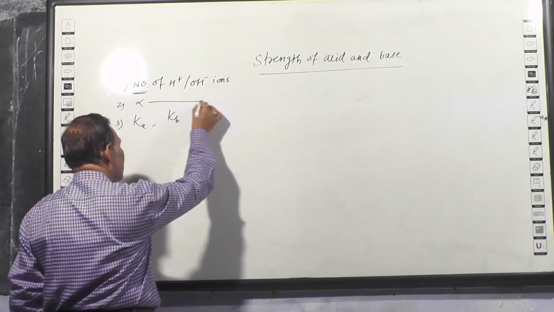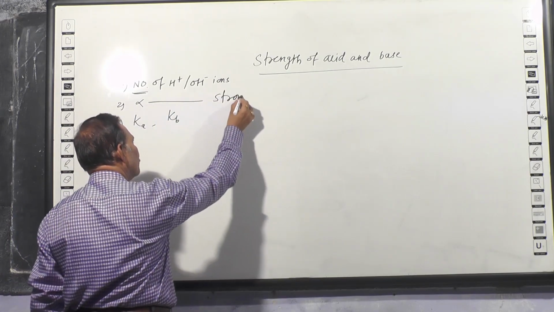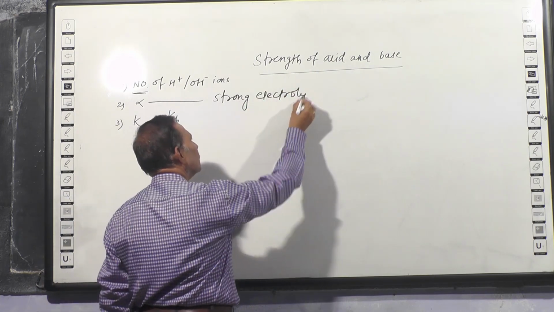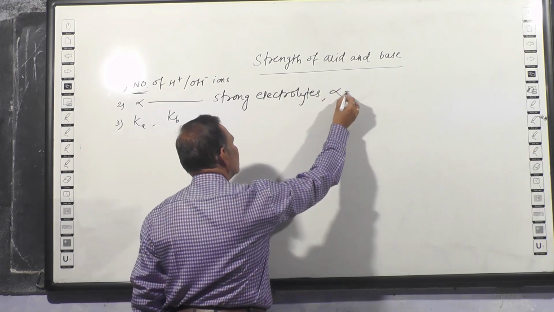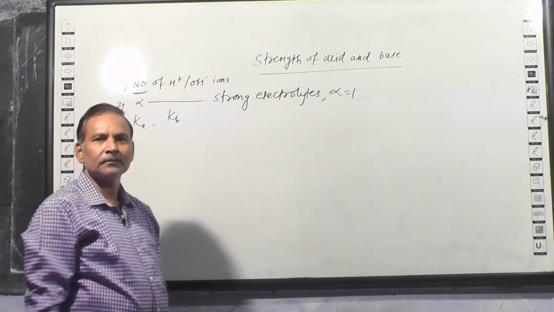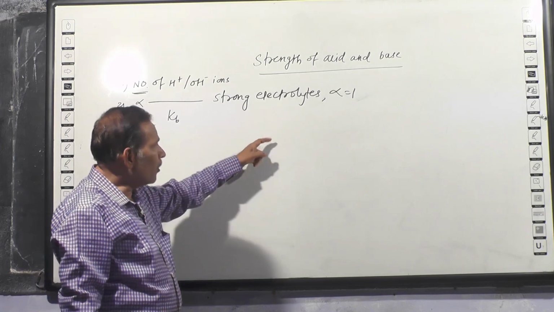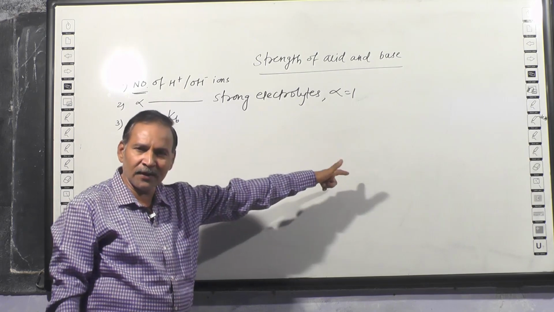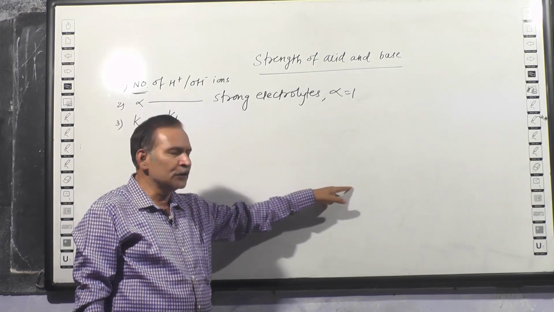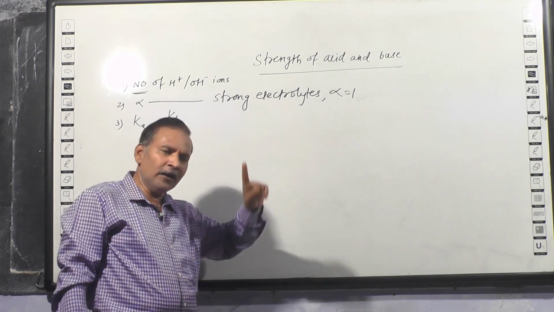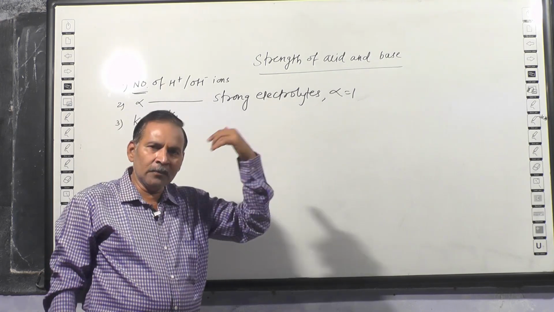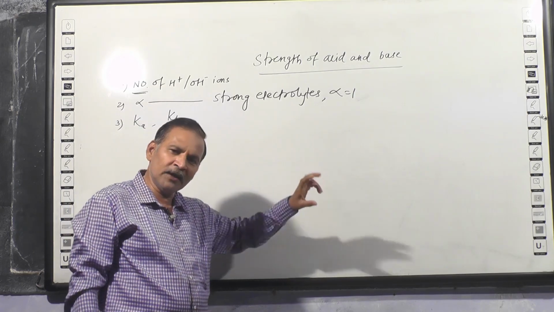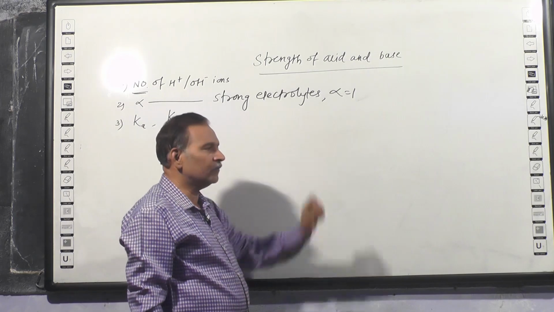For strong electrolytes, what have you seen so far? For strong electrolytes, alpha is equal to 1. Why? The formula tells us alpha is equal to the number of moles dissociated at equilibrium divided by the initial number of moles. The electrolyte being strong, almost all molecules are present in dissociated form, divided by the total number of moles, both are the same, and therefore the value of alpha is 1.